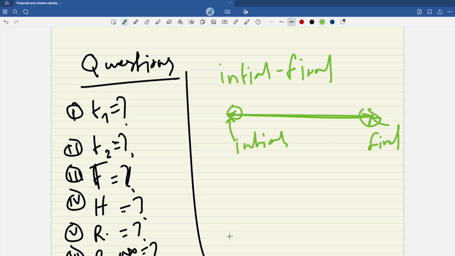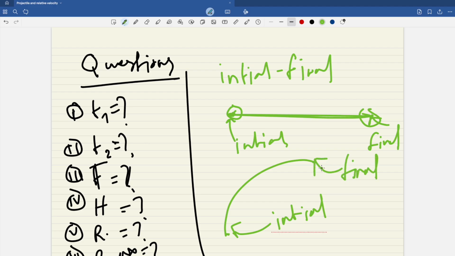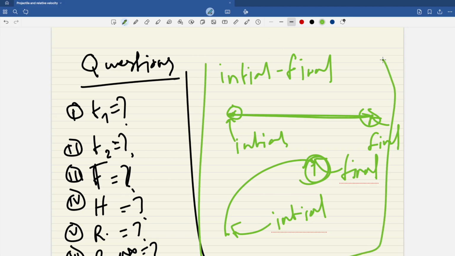In projectile motion, the curved motion, if this point is considered the initial point, the point opposite to the initial point is the final point. Obviously this becomes the final point, right? So this concept is going to be applied when I solve these questions.